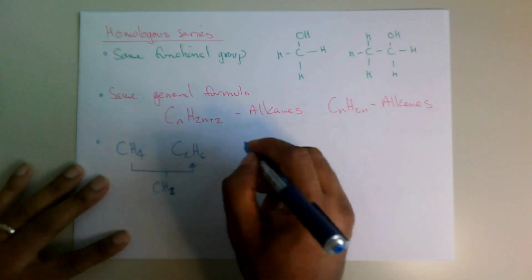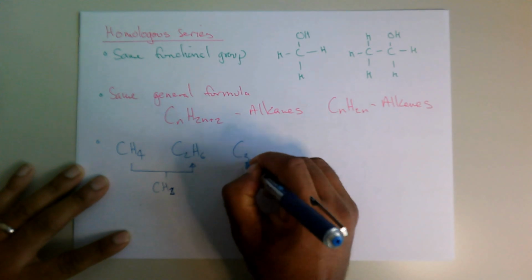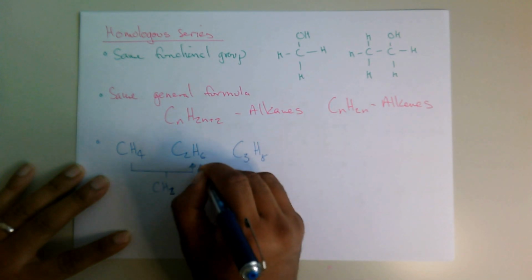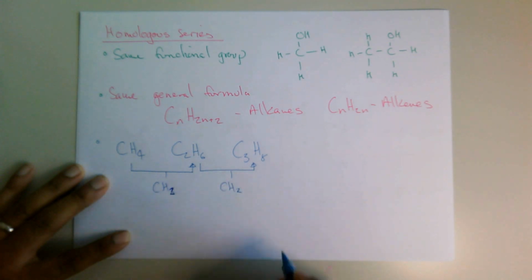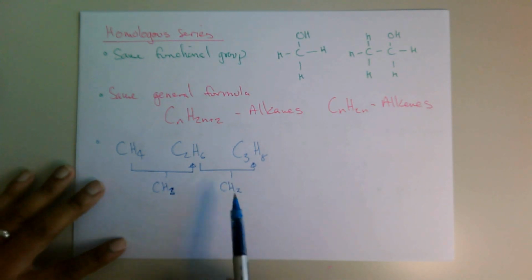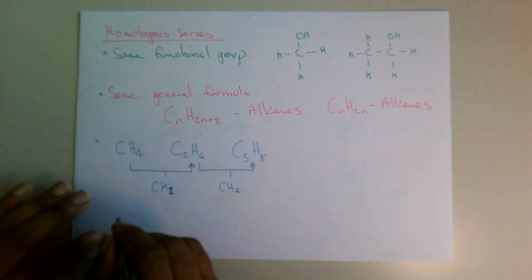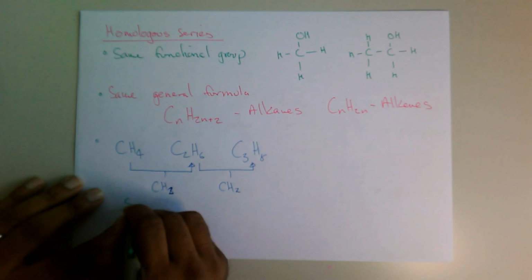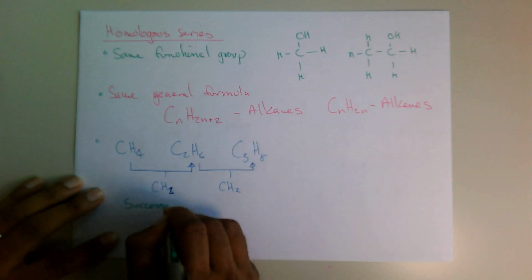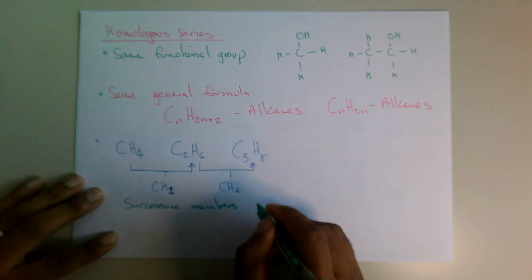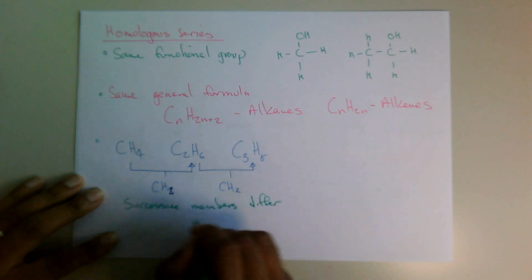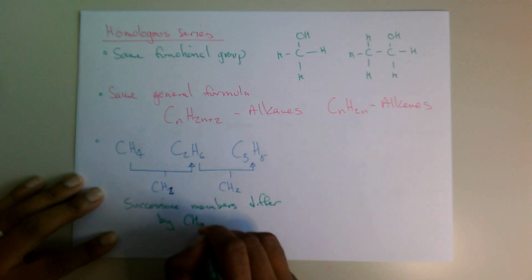Then you take propane, so that's C3H8. Again, the difference between those two is CH2. So what we say is when successive members differ by CH2.